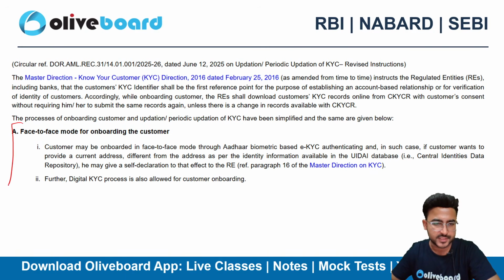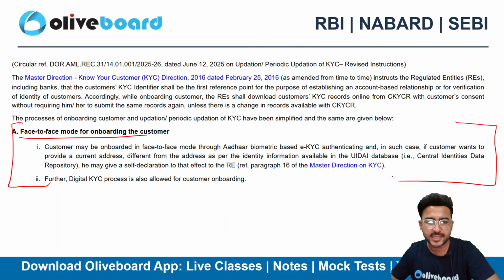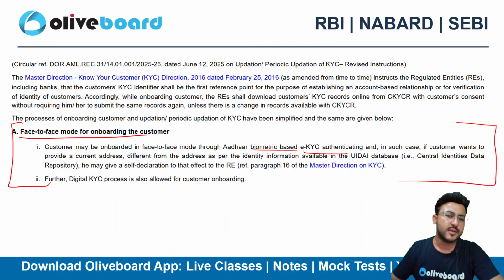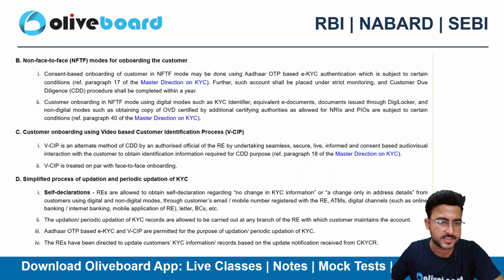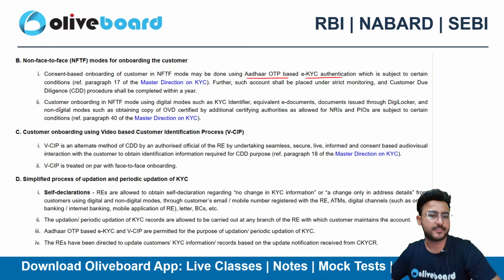So there is face-to-face mode for onboarding the customer. They have given the guidelines related to that as well. Okay. Then eKYC authentication and biometric based authentication will also be done if the face-to-face mode for onboarding the customer is there. If no face-to-face mode is there, then definitely it can be done by using the Aadhaar OTP based eKYC norms, right?